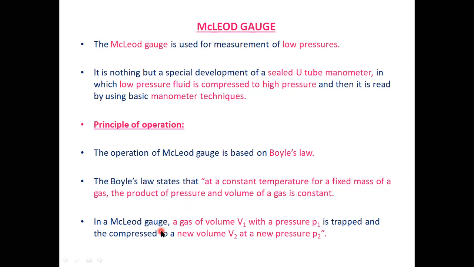In McLeod gauge, a gas of volume V1 with a pressure P1 is trapped and then compressed to a new volume V2 at a new pressure P2.